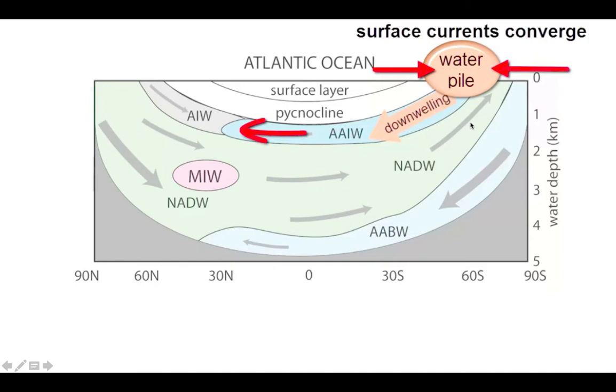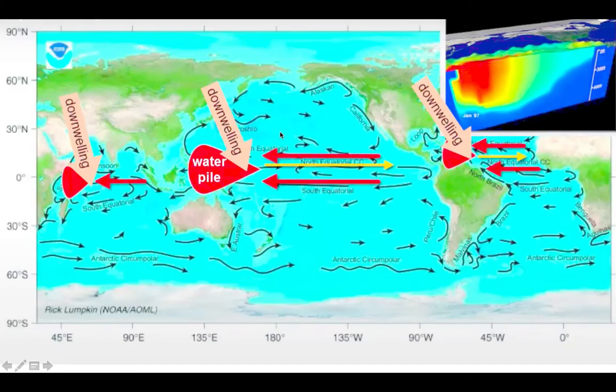Because whatever is upwelled in the NADW region, North Atlantic Deep Water, is divided into two arms. One arm is moving this way, another arm is moving this way. And why is there a downwelling? Because convergence is there. One arm is moving this way, and another arm is coming from this way. So both are converging at this point, and finally we have AIW.